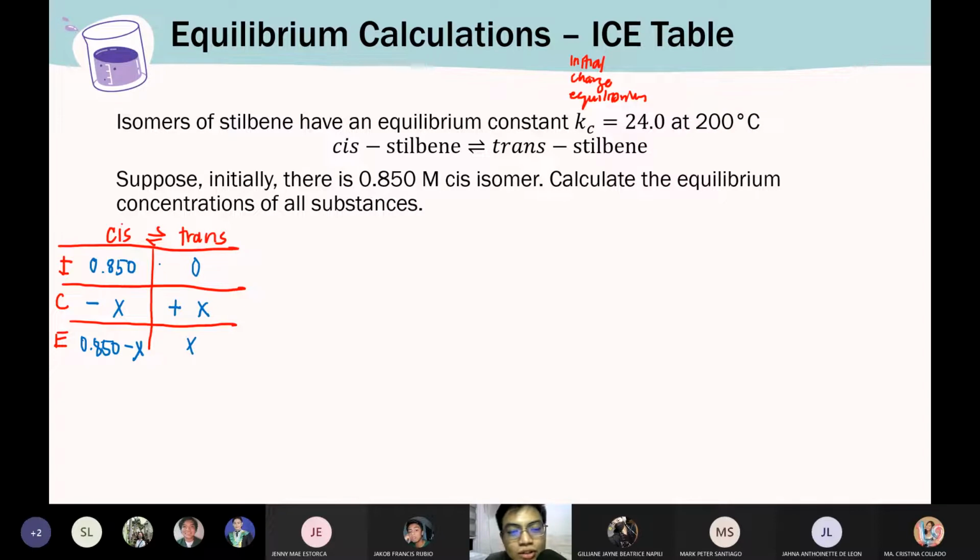Okay? So again, let me summarize kung ano ginawa natin. You write the reaction on top, and then on the left side, below it, you write ICE. I is initial, C is change, E is equilibrium. Initial refers to the initial concentration. Kung ano sinabi, yun lang isusulat. Pag walang sinabi, 0. For the change, this is the direction of the reaction.